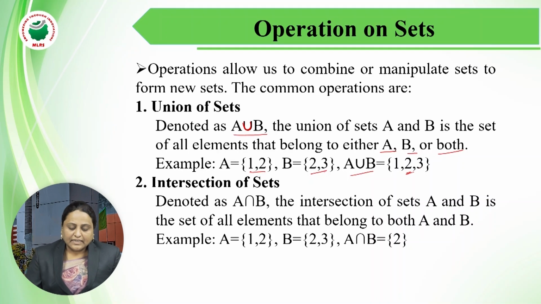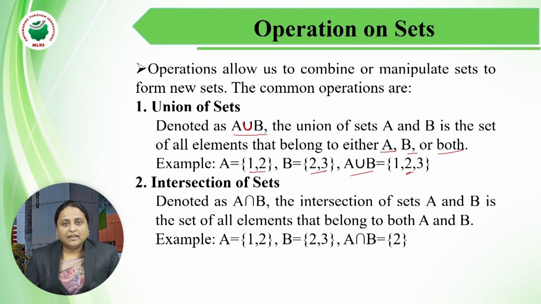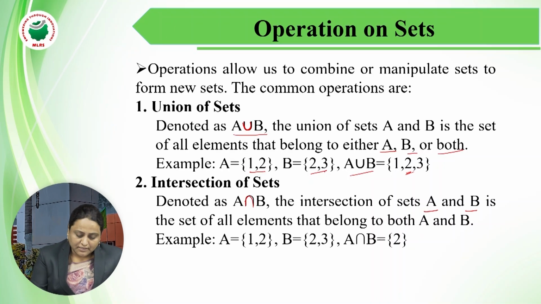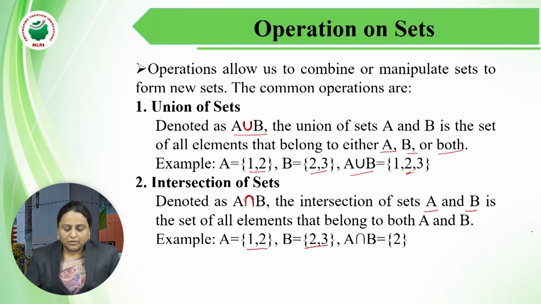And next one is intersection of sets. Intersection means only the elements present in both A and B must be considered. For example, you are having two sets. Intersection is represented with this symbol. And let us consider again A is having the elements 1, 2 and B is having the elements 2, 3.